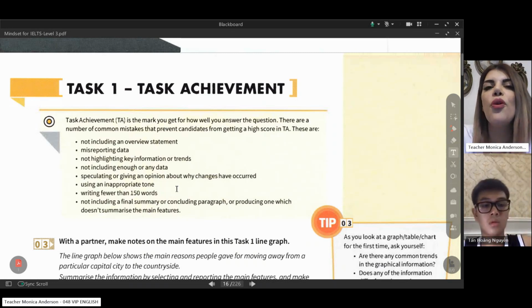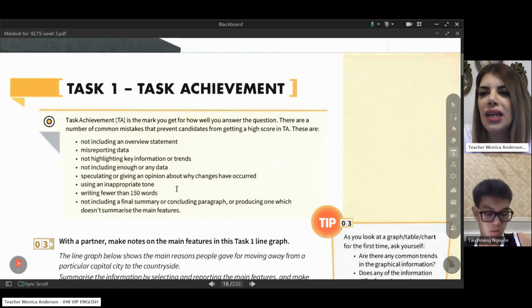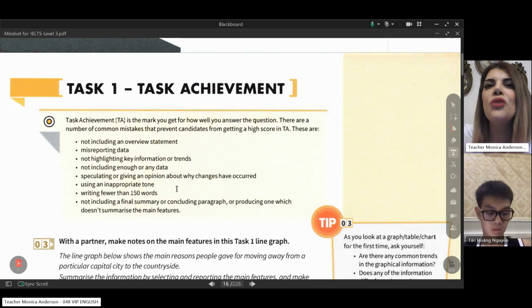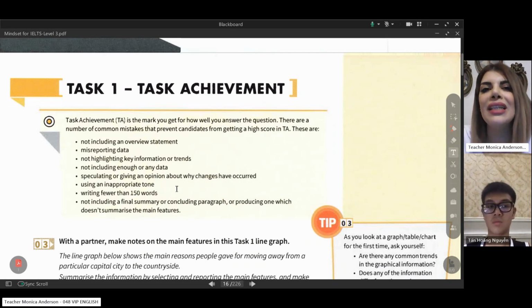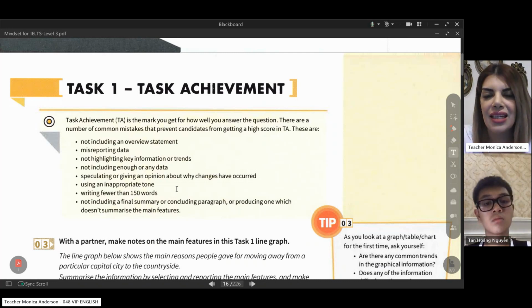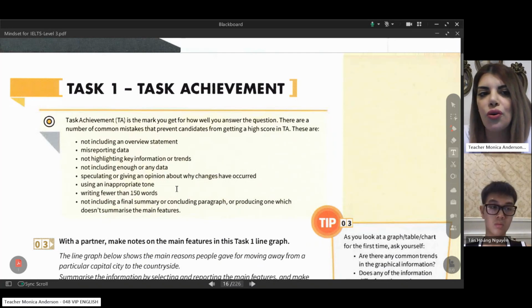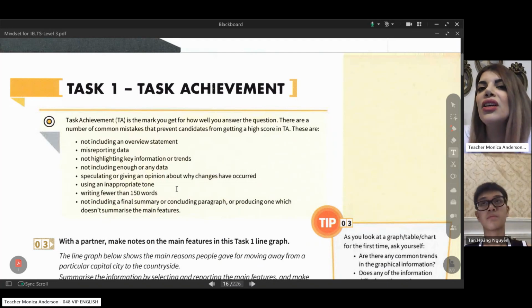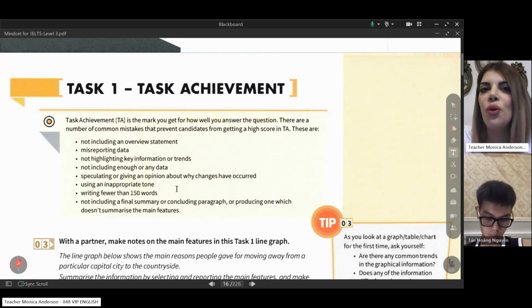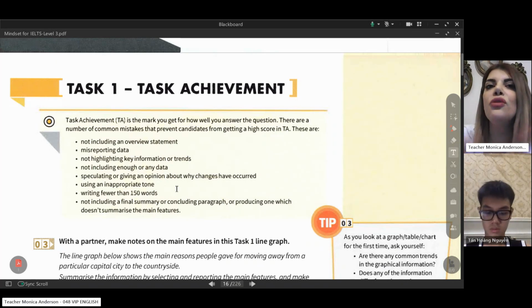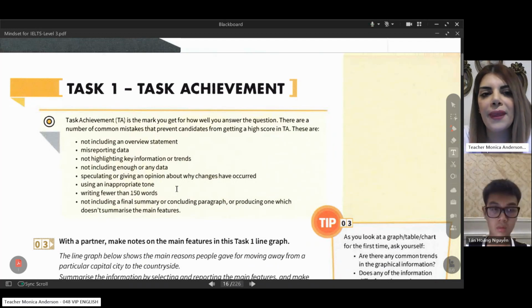And misreporting data, it means sometimes you report, but you don't report it completely, or maybe by mistake. So it can cause you to lose your score. And you need to highlight key information, especially in your overview. If you don't highlight key information, you will lose your score.